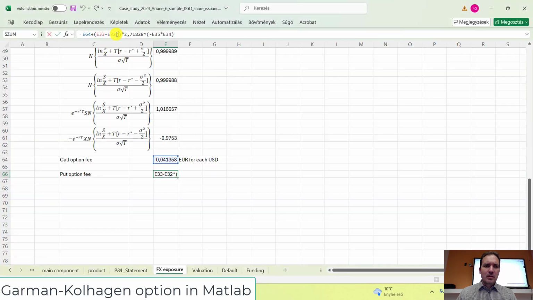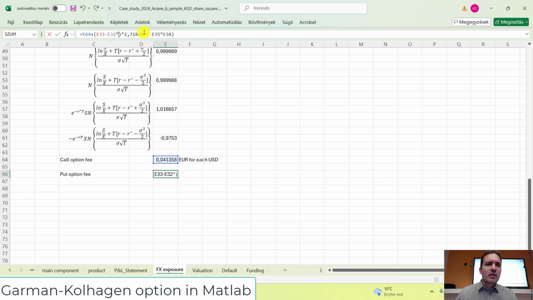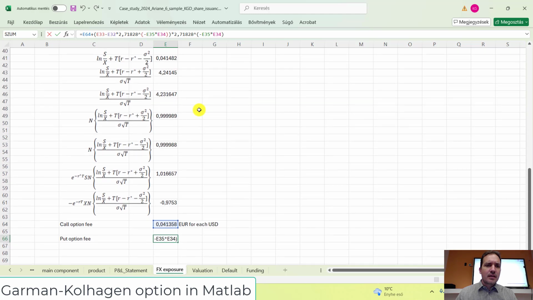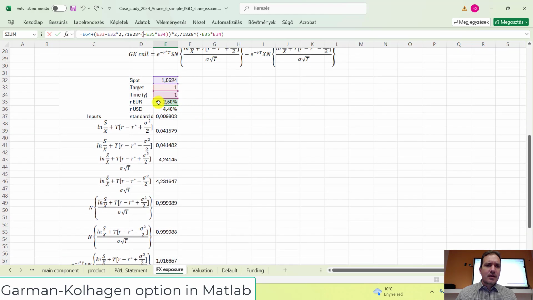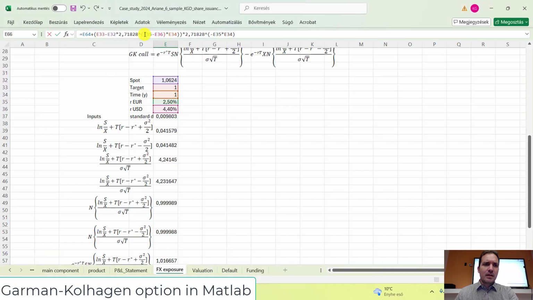So spot rate multiplied by exp of RD minus RF on square root of T. So all these things, just here we have RD minus RF, F, and then multiplied by time.